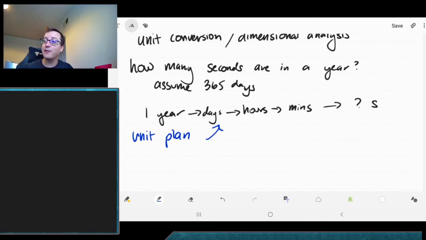But if you want to be very formal about it, you'll write out your unit plan each time. As you get more practice, maybe you won't need to, but especially when starting out, it's a good idea to do it for each problem. You'll see on the worksheets that it asks for unit plans. A unit plan just shows which units you're going through to get from what you're starting with to what you're ending with.